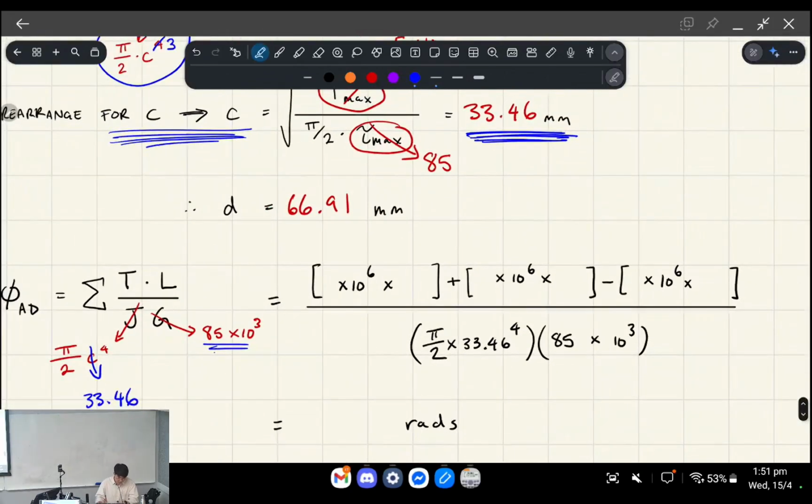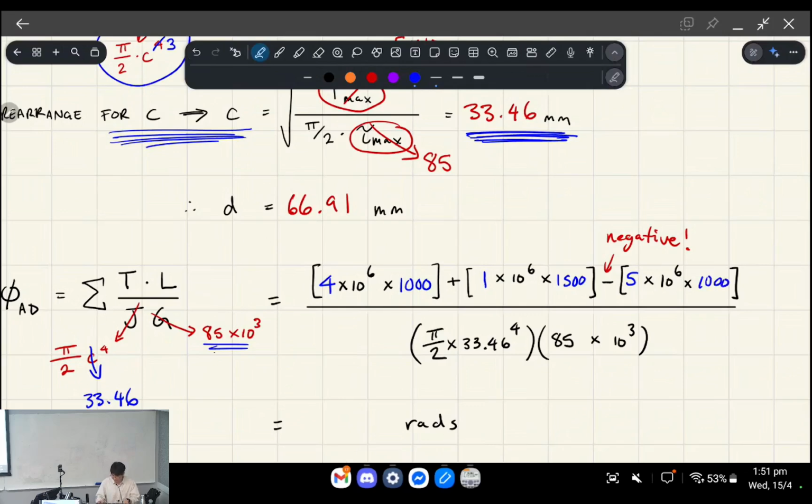So for that first part from A to B, we have a torque of 4 times 10 to the 6 Newton millimeters, and we have 1,000 millimeters. Then the second part is 1 and 1,500, and then the third part is -5, note this negative here, which corresponds to the -5, and then it's 1,000 long.